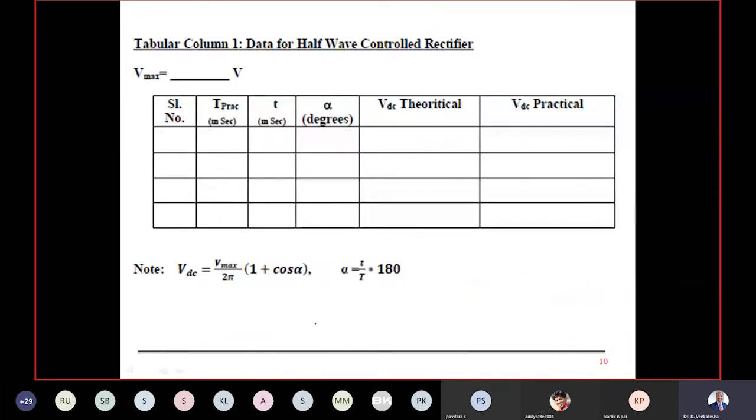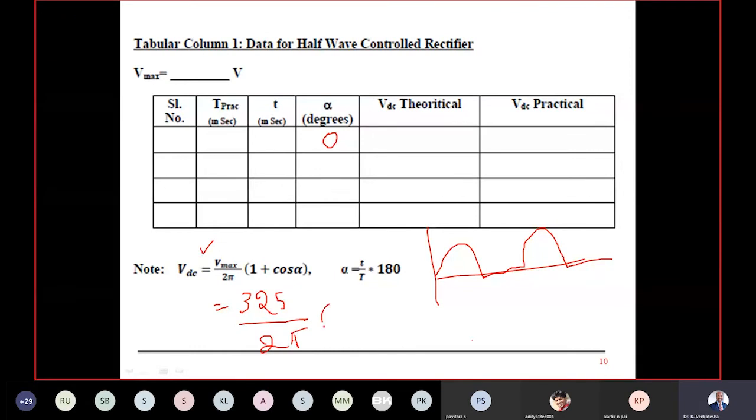I tell you once again. Let us say my alpha is 0. When alpha is 0, I get the output voltage in the positive half cycle, in the negative half cycle I won't get it, again in the positive half cycle I get the waveform, something like this. What's the DC content of this? Theoretically we have this formula. My V max is root 2 times 230, which is 325, by 2 pi, into (1 plus cos 0), where cos 0 is 1, so 1 plus 1 is 2.